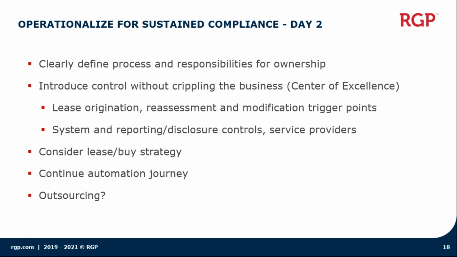Examples of controls would be potentially reviewing GL outputs for certain expense accounts to determine whether or not we missed any leases during the month, and adding some additional controls to ensure that, if we have to gather information for disclosures, et cetera, we've adequately defined what those controls are, and that we know exactly who's performing those and what the evidential requirements are for that.